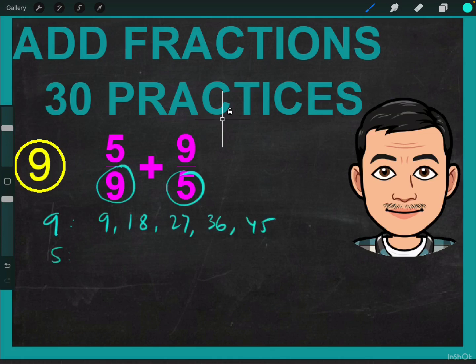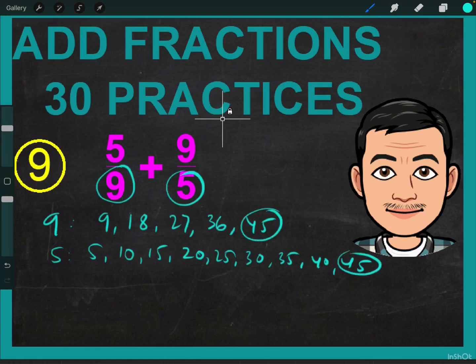For number 5 we have 5, 10, 15, 20, 25, 30, 35, 40, 45. So we can see 45 is the LCM of number 9 and number 5.